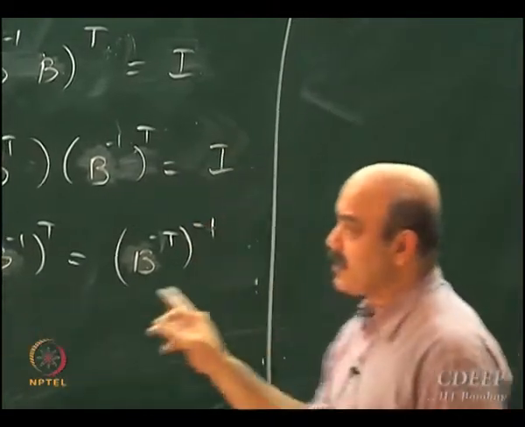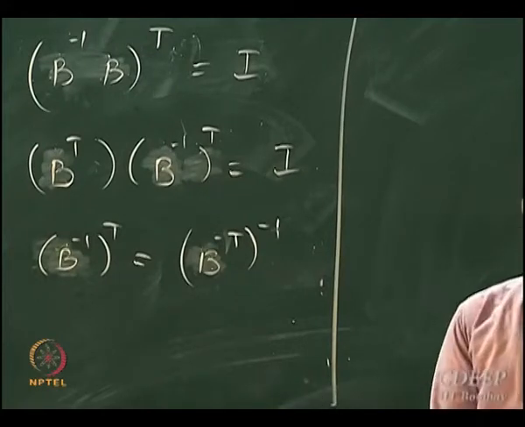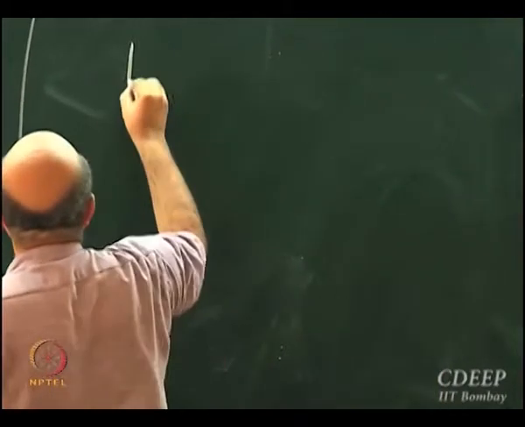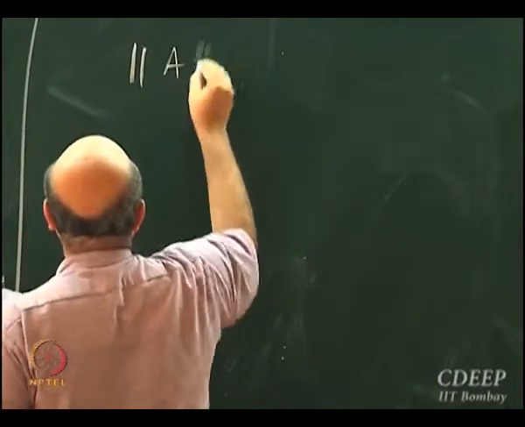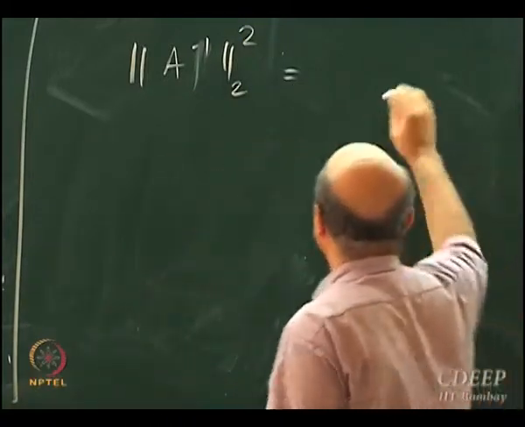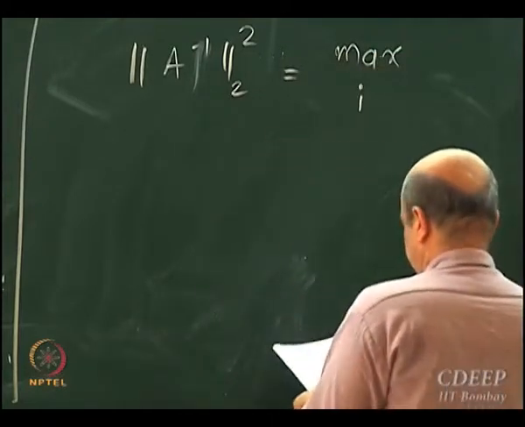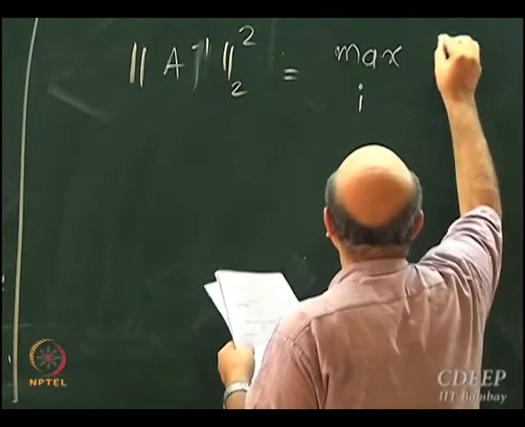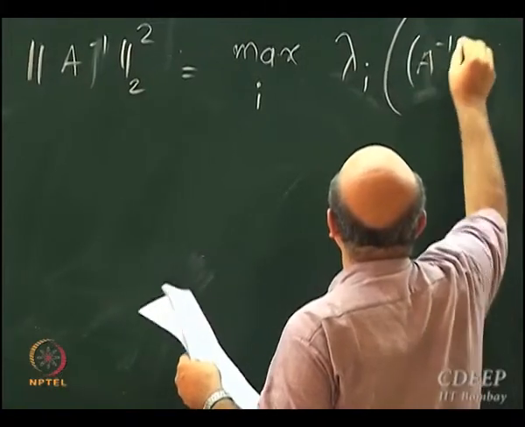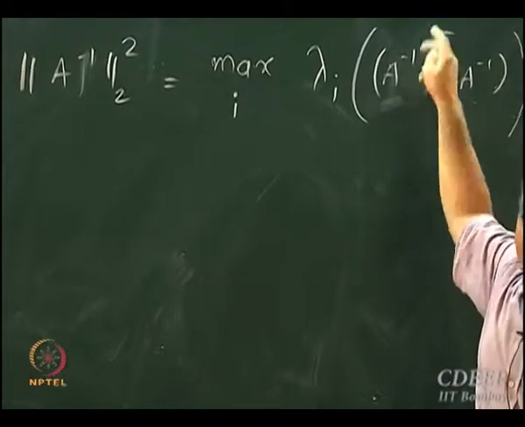Now these are the two properties which I am going to use. I am leaving a few things for you to derive. I am not doing it on the board. But norm A inverse 2 square is equal to max over i of lambda i of A inverse.